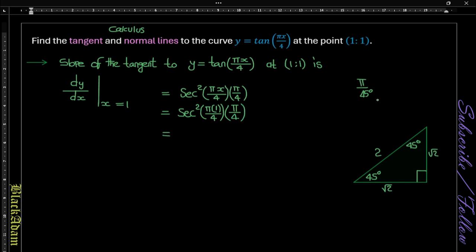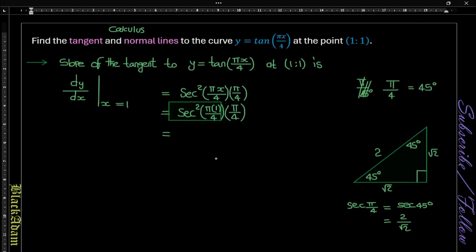Remember, pi over 4 is 45 degrees, so that's changing from radians to degrees. So sec of pi over 4 is sec 45 degrees, which is hypotenuse over adjacent, the inverse of cos.